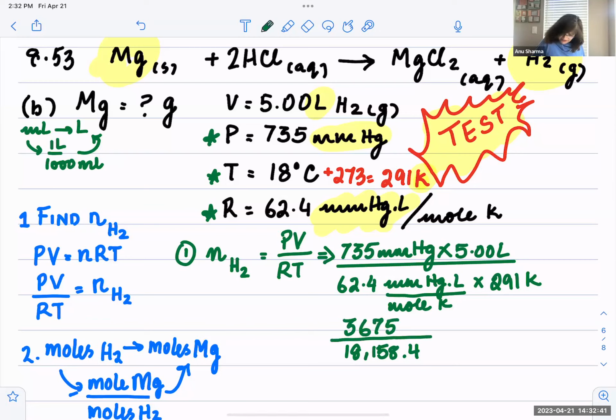Okay, this is divided by 18,158.4. And this is equal to 0.2023 moles. So let's just keep it here. So these are the moles of hydrogen. So you find them like that.